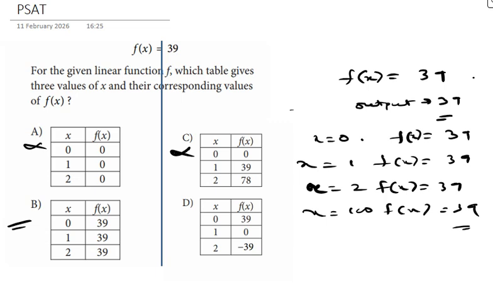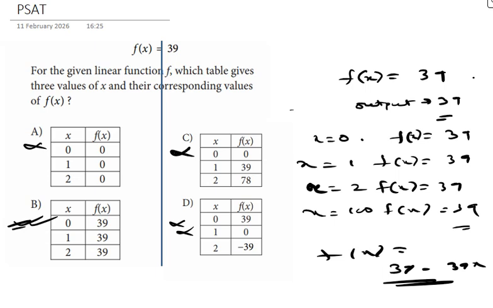That would represent something like f(x) is equal to 39 minus 39x, or a function with slope minus 39. But again, this is not what we are given. So option D is also incorrect. The only table where the output is always 39 regardless of x is option B. So option B is the correct answer.